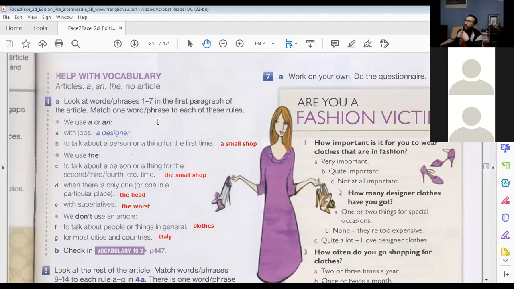The UK. Why do we use the here, with the United States and with the UK? What's the reason? It's not the name of the country exactly. The United States of America, the United Kingdom.